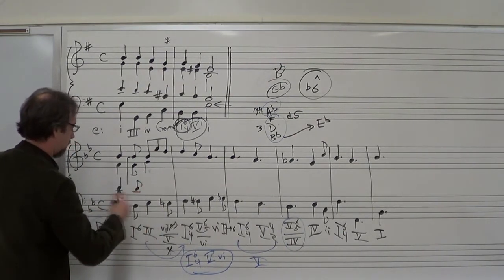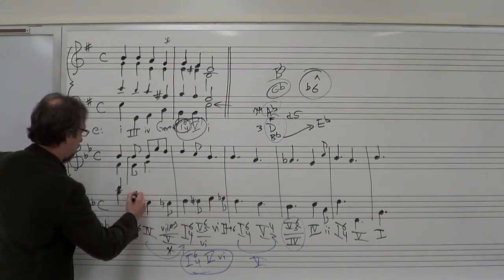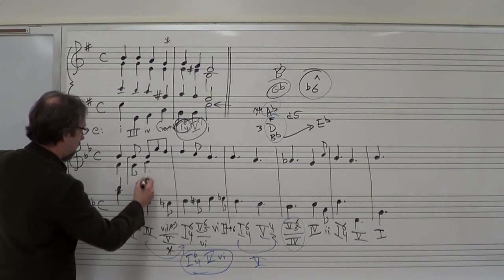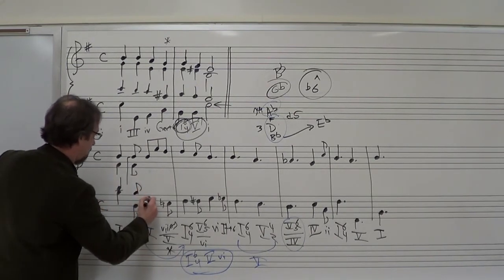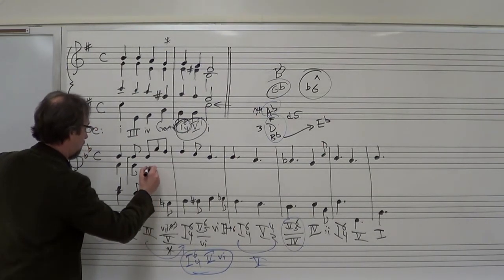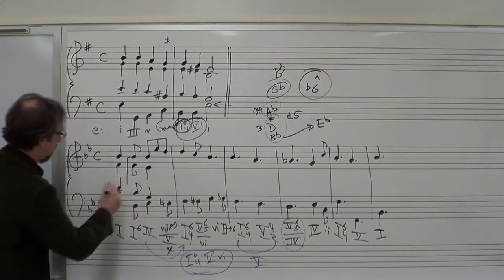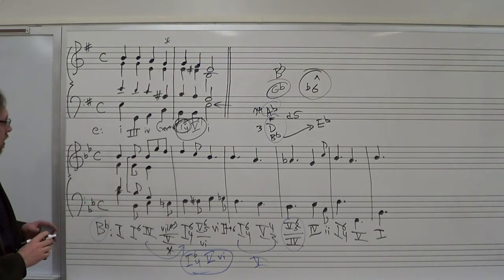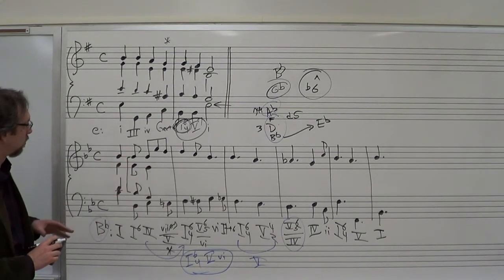That would be parallel octaves and I would never do something like that. So I'll go with here to the B flat, and then I'm going to jump down here for my G, and I'll go here for my E flat. So that gives me the better voicing and proper voice leading.